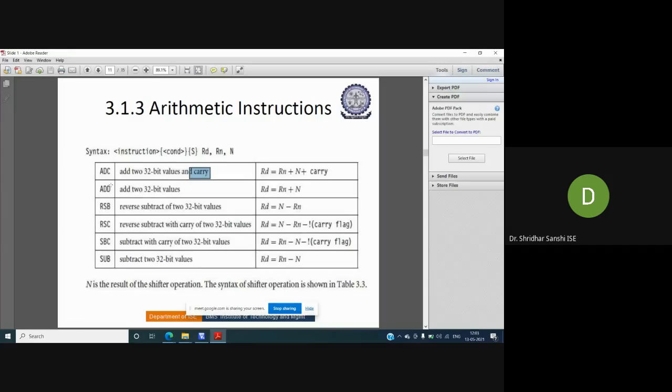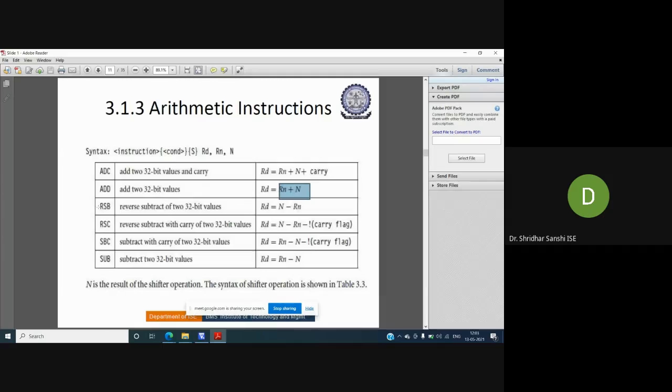The next one is the ADD instruction. Again, it takes two operands, Rn and Rm. Here Rn indicates the data we get after the barrel shift operation. So we are doing addition of two registers.